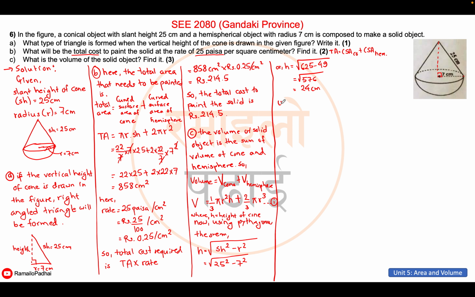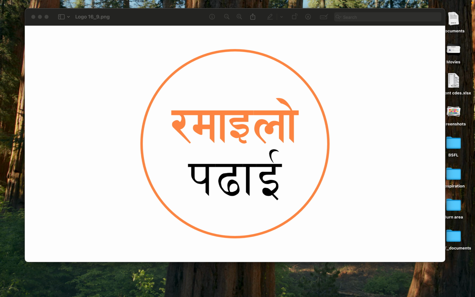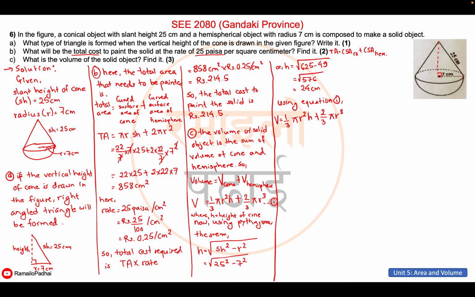Now we will use that in equation 1. So using equation 1, volume is equal to 1/3 pi r square h plus 2/3 pi r cube. The laptop is hanging, so I will just save it and then write it so that we can do it properly.